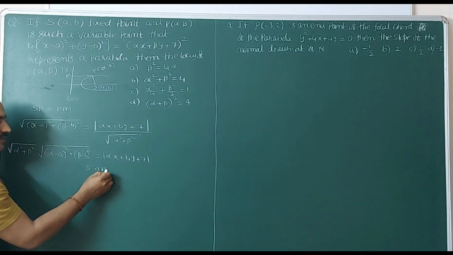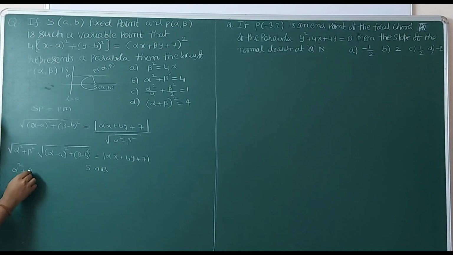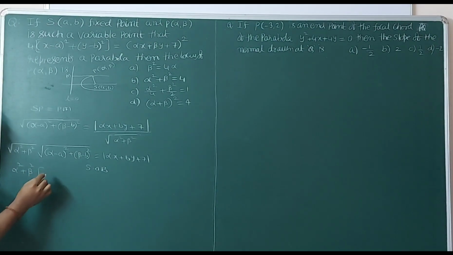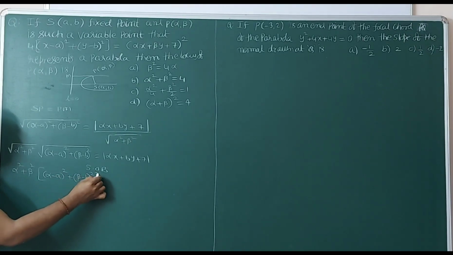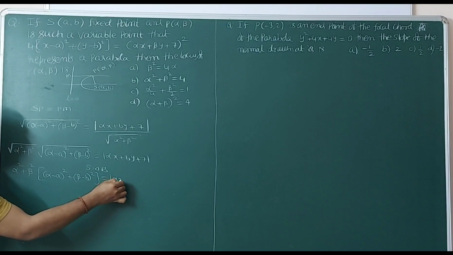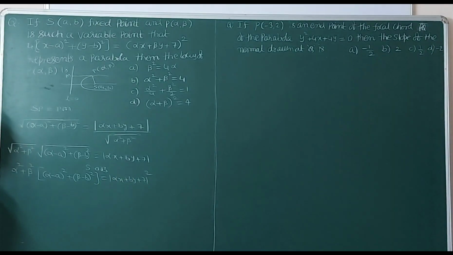Squaring on both sides, the roots are eliminated now: alpha square plus beta square into (alpha minus a) whole square plus (beta minus b) whole square is equal to (alpha x plus beta y plus 7) whole square.